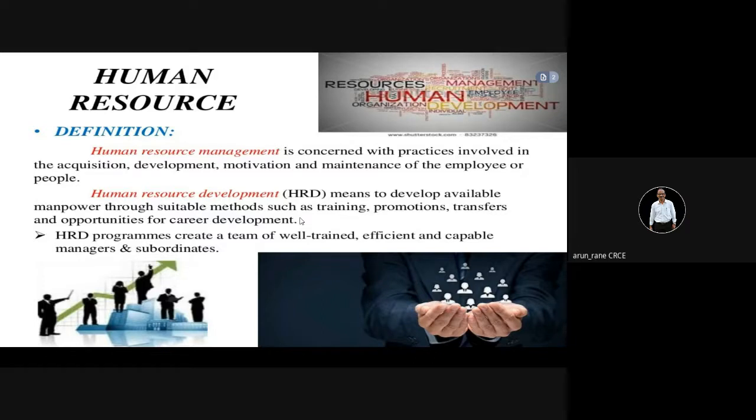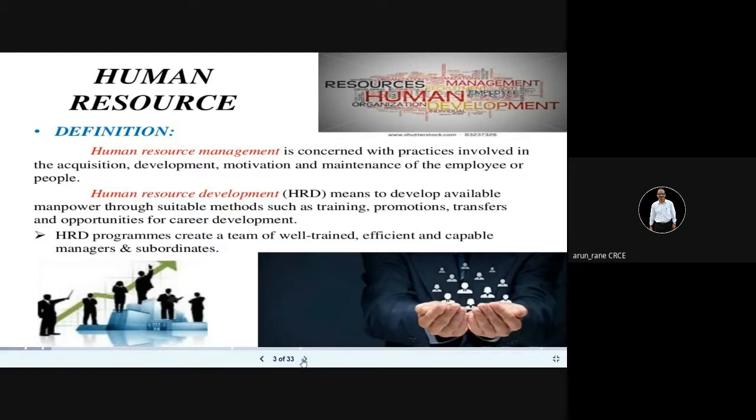He has joined as a GET, and then over a period of say 40 years, he has been promoted as CEO. No doubt they recruit people at middle level also, but that is very less. So they believe in human resource development, that is, development of their existing staff, existing people.